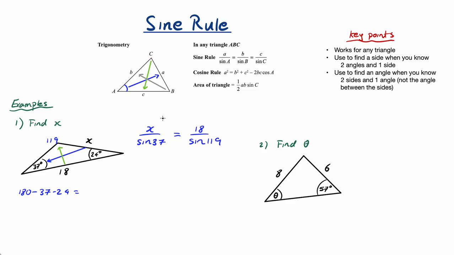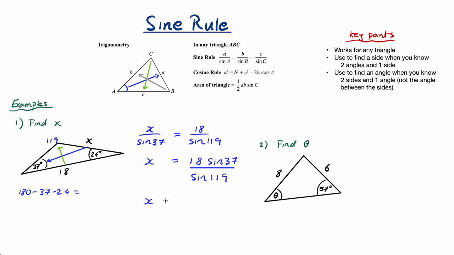Okay, so that's my equation set up, and there's just one variable that I'm trying to find, x. So I can just multiply across. Because I've sine 37 at the bottom here, I'm going to say x equals, I'm going to multiply across by sine 37. So I have 18 times sine 37, and these are all degrees, guys, but I'm just not going to put the degrees sign, over sine 119.